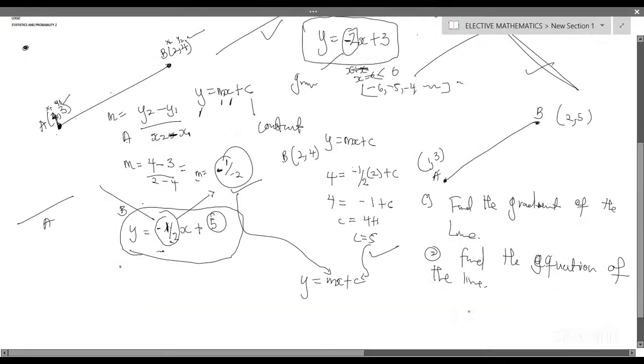And then the last one determines if the equation will be positive or negative.